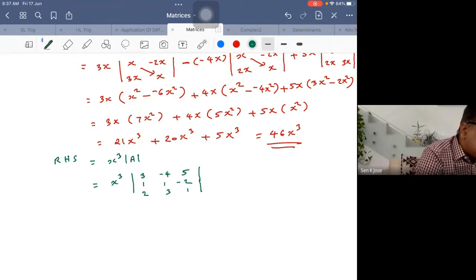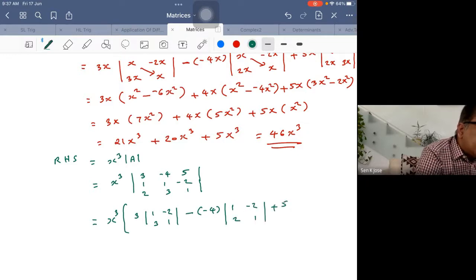But if you want to show the steps, then it will go like this. First element 3 into its minor: 1, minus 2, 3, 1. You can skip this step. Minus 4 into its minor: 1, minus 2, 2 and 1. Plus 5 into its minor: 1, 1, 2, 3.